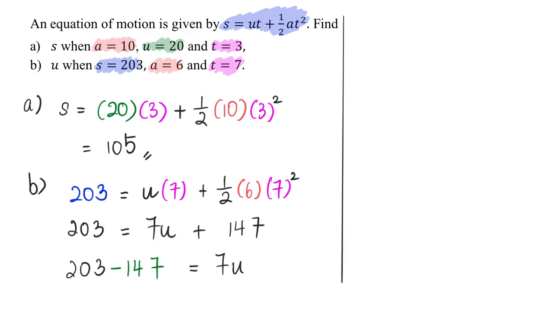So eventually I would have 56 equals to 7u, and therefore I would then divide by 7 in order to find my 1u. Final answer, u equals to 8.